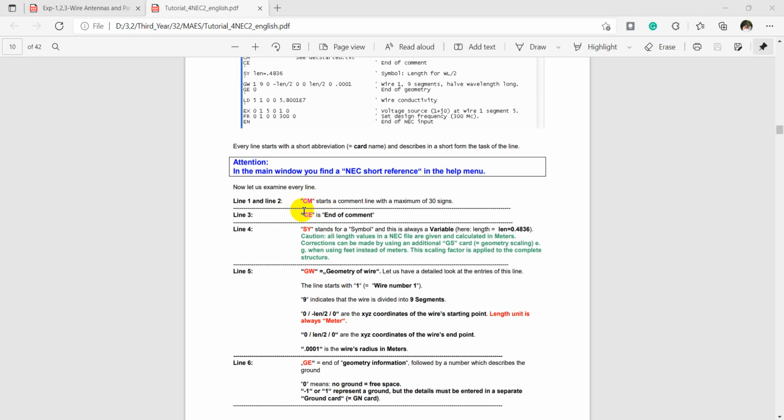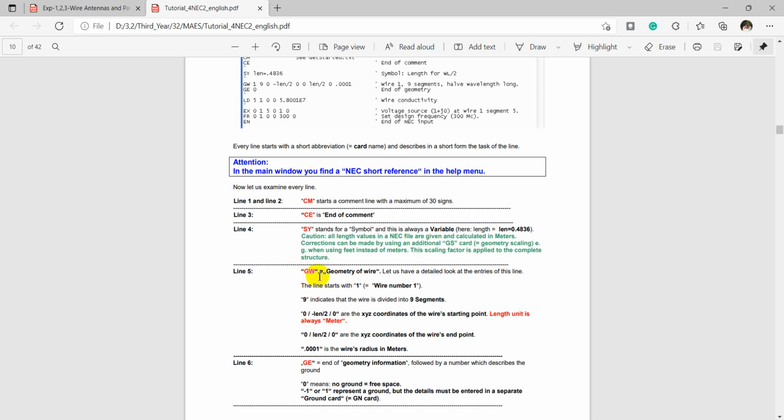CM indicates the comment, which starts a comment, and CE means the end of the comment. SY is the symbol or variable declaration of a symbol, which we can set to any value according to our perspective range.